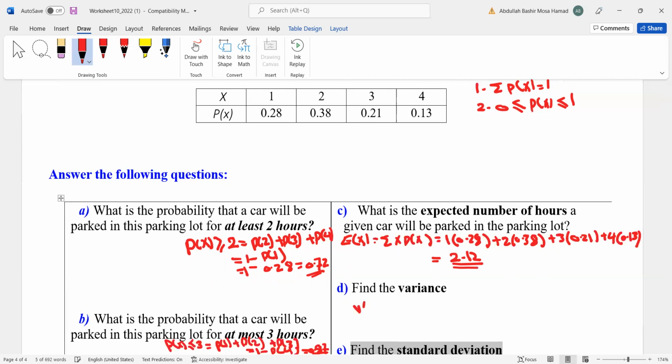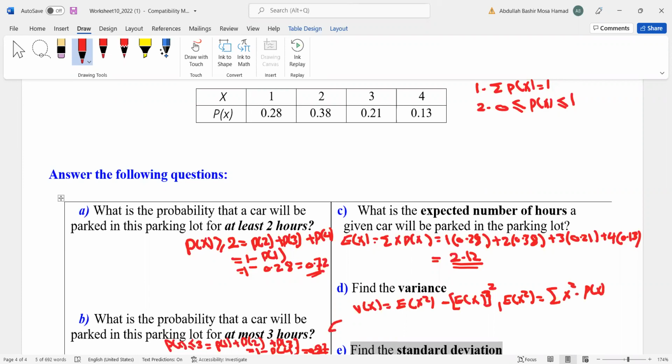Variance equals the expected value of x squared minus the expected value of x, all squared. We already have the expected value of x, thus we need to find the expected value of x squared. For that, instead of x, we use x squared multiplied by P of x.